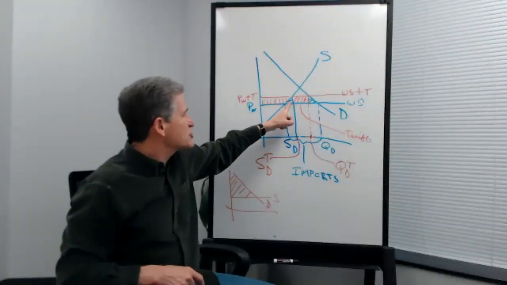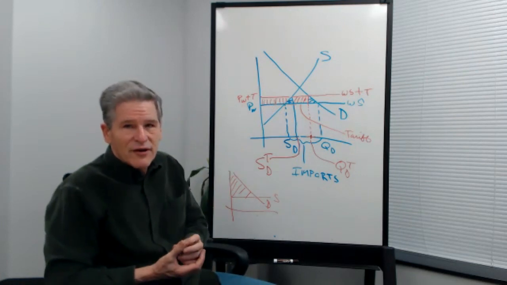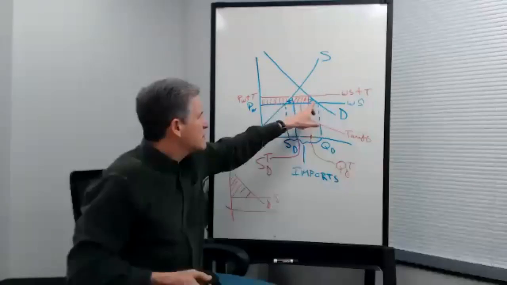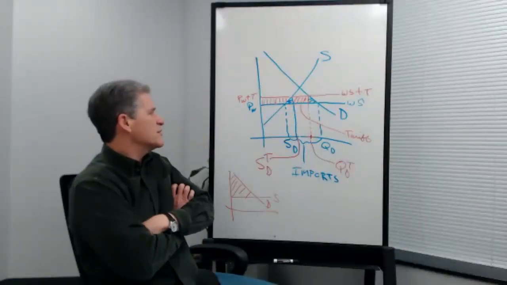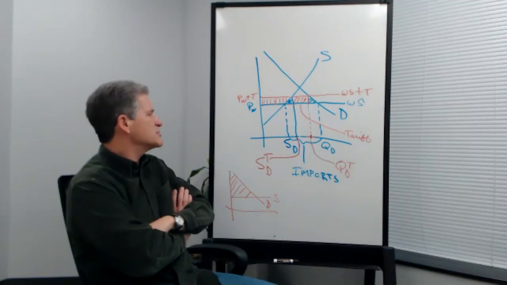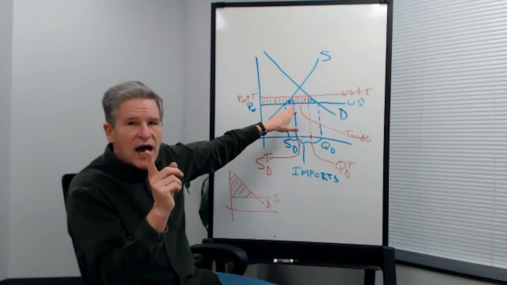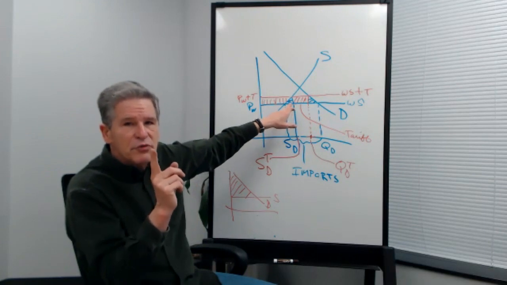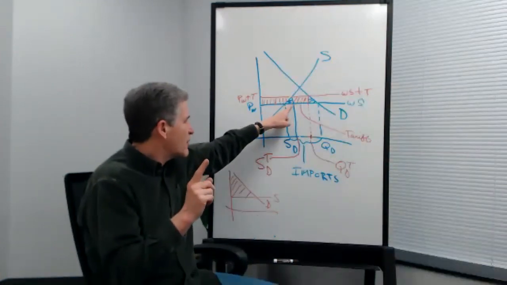And then part of it is just lost because the output isn't produced anymore. Okay? And then this area here is for units that are, actually no, I said that wrong. This is because there's a higher opportunity cost associated with producing these units. That area is? This area right here.